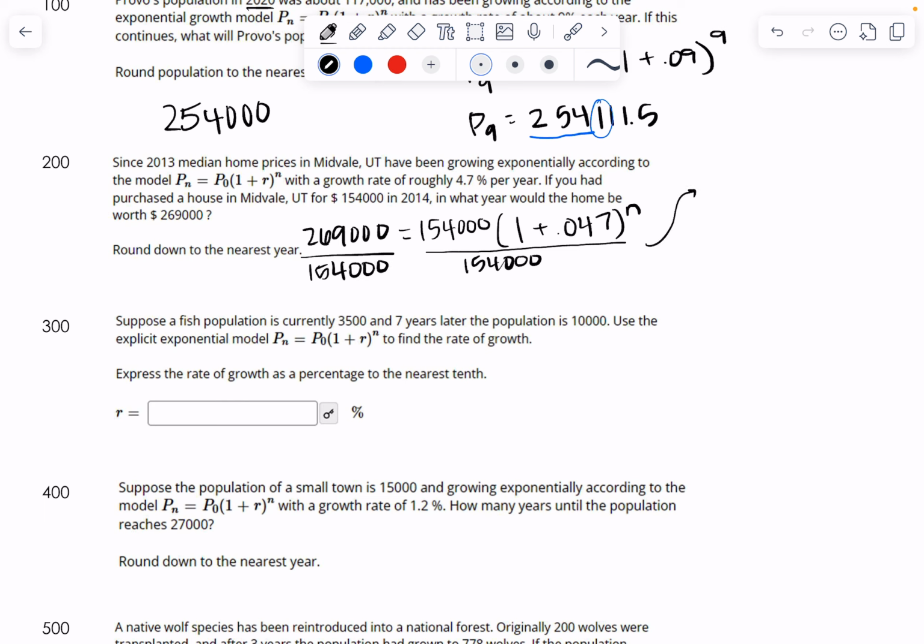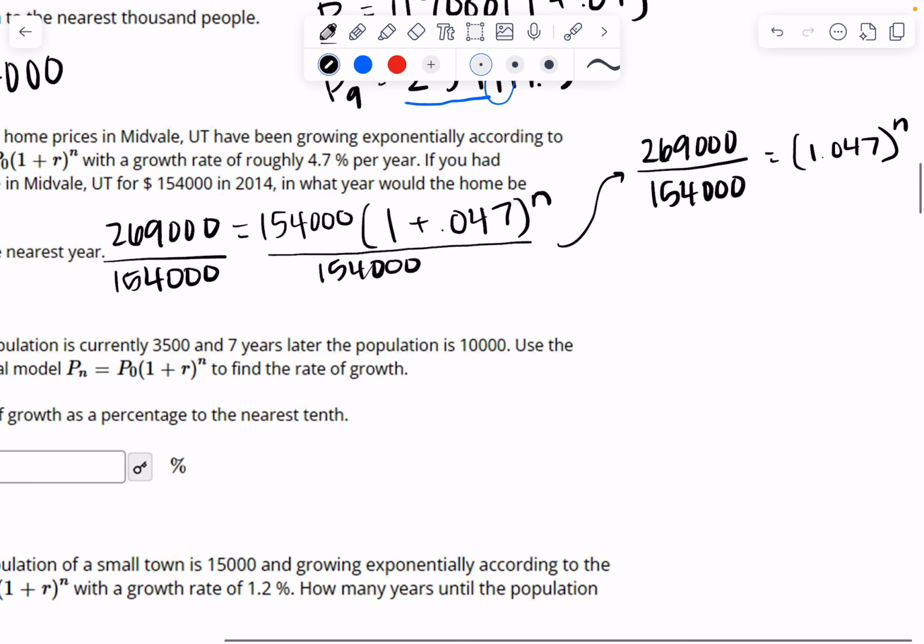And I'm going to come up here. So then we have 269,000 over 154,000 equals 1.047 to the n. And when we have an unknown exponent, this is the base of the exponent, so we have to use a log. So we do log base 1.047 of our fraction.